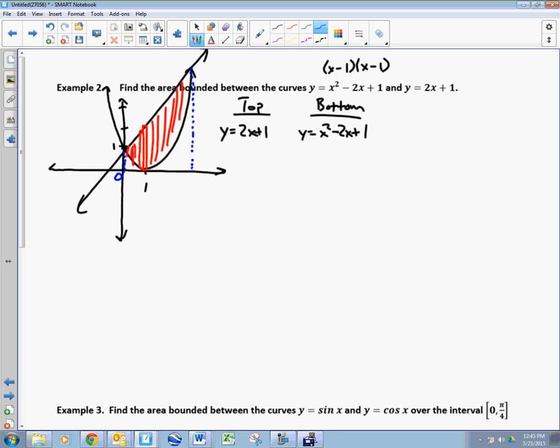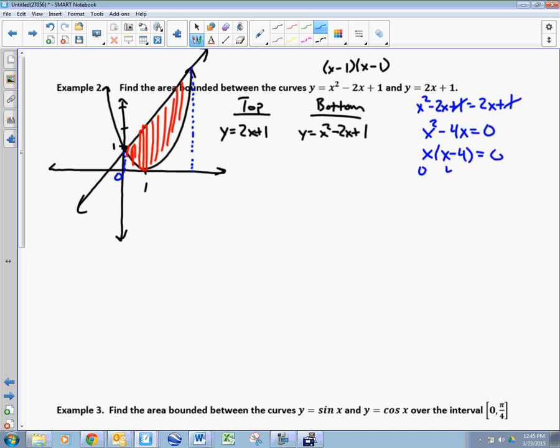If we set the functions equal to each other, how do we solve? You can see that the 1's cancel. You get x squared minus 4x equal to 0. Take out an x.